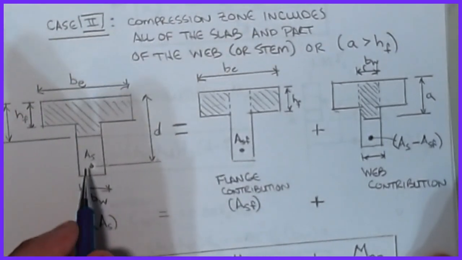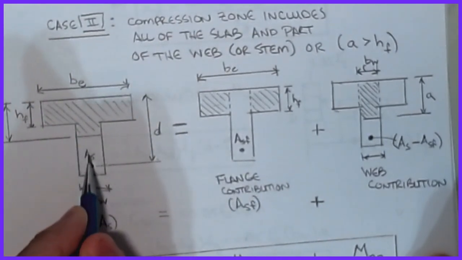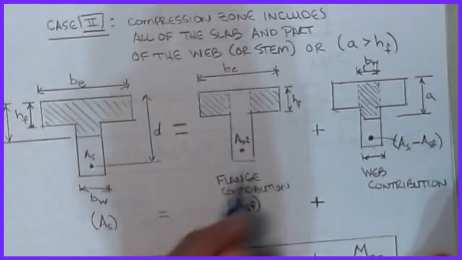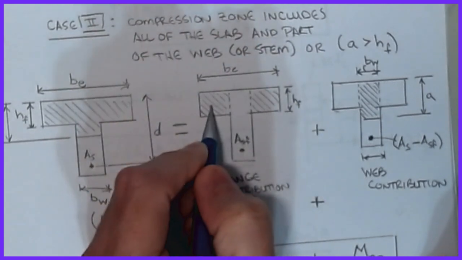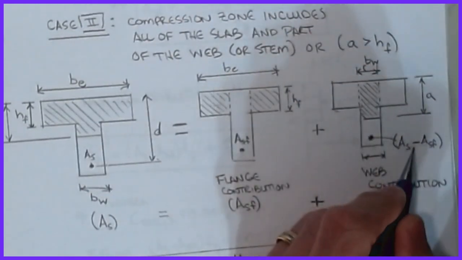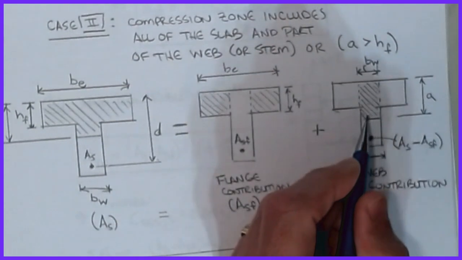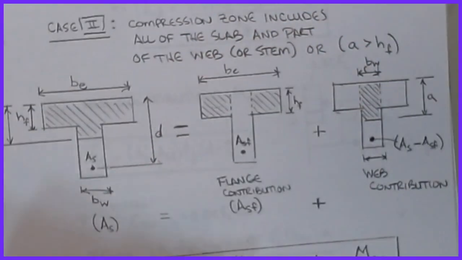The thing that's different is that this AS, which was the total area of steel in the section, I now have a portion attributed to the flange moment, ASF, and then I have another portion, AS minus ASF, apportioned to what's associated with the web.